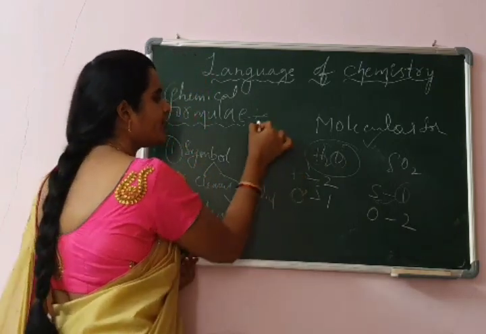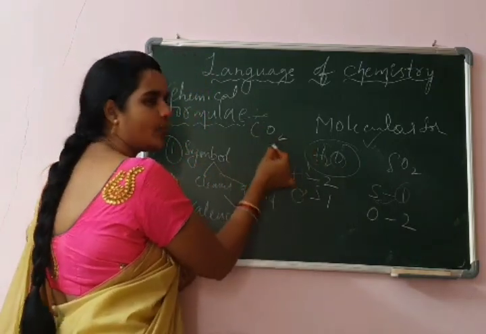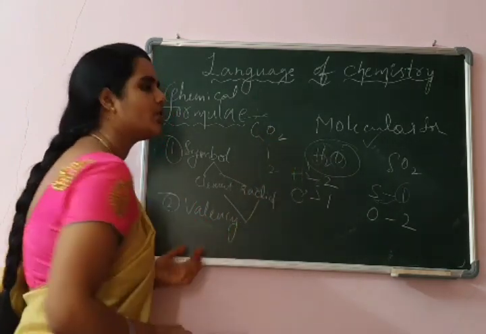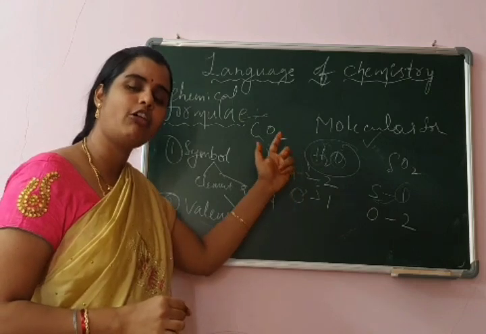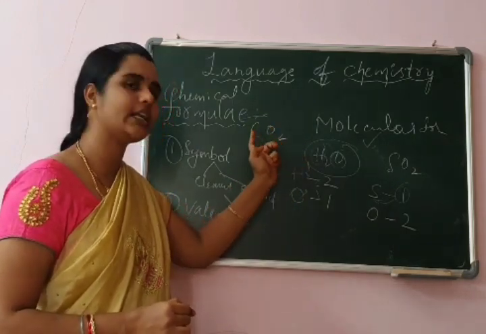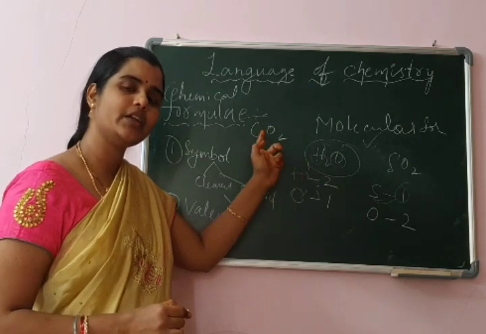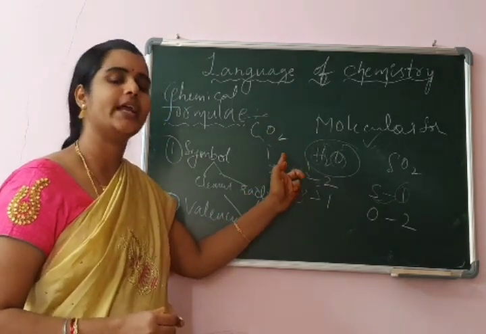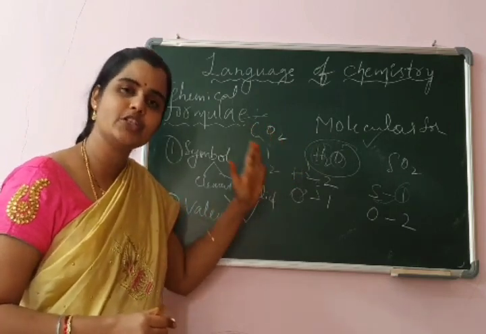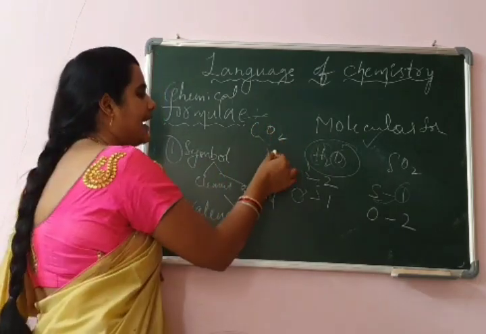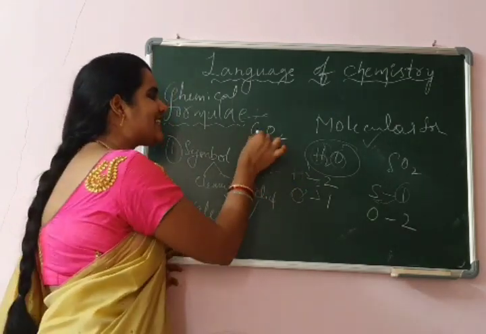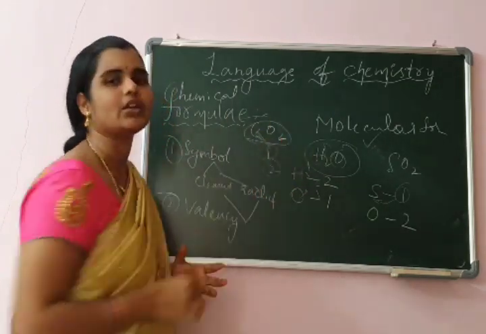You can take any example, such as carbon dioxide. How many atoms of carbon are there? One. How many atoms of oxygen? Two. So it gives us the number of atoms of each element present in the molecule.